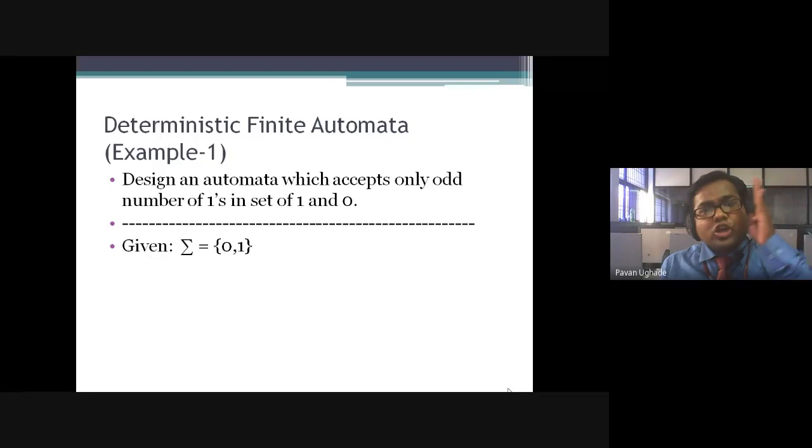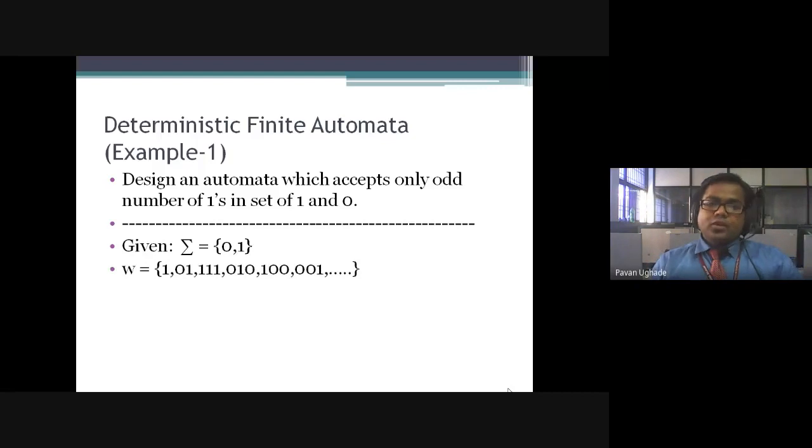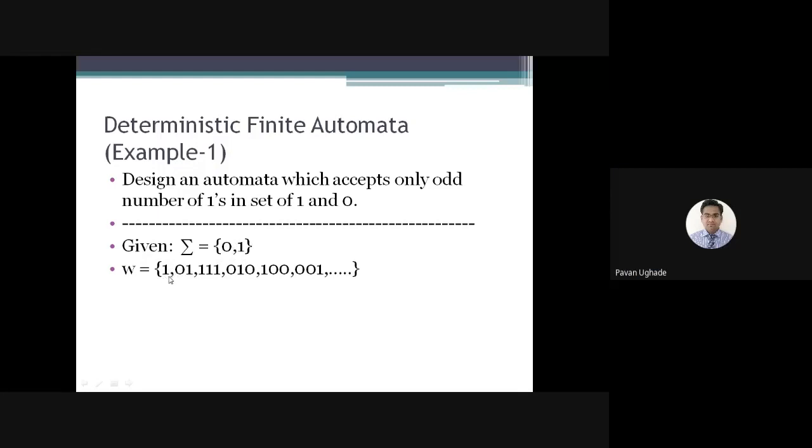Can you tell me some of the strings that can be accepted by the automata? See guys, it is saying only an odd number of ones. If I make the substring 1, is it possible, and is it an odd number of ones? Yes, it is only one 1.